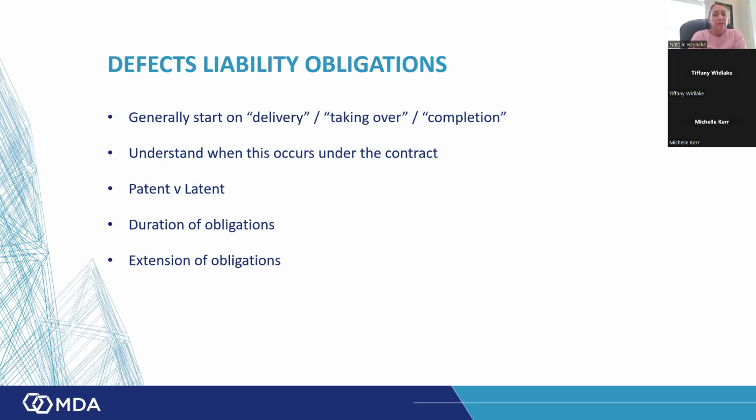For example, the FIDIC does say that the defects notification period will commence on the dates notified in the taking over certificates. But this might get confusing when there's sectional completion.